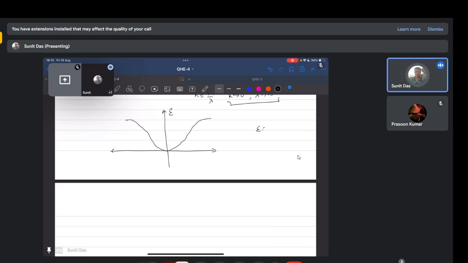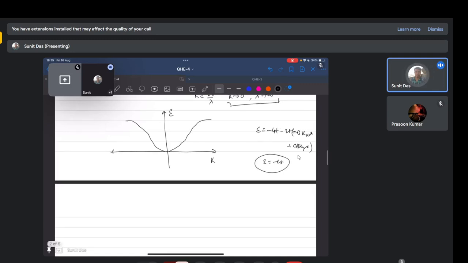For the 2D square lattice, it happens to be minus 2t times cos kx a plus cos ky a. So this is the k. Now if we put kx, ky equal to 0, then the energy is minus 4t. I'm not talking about this energy scale.